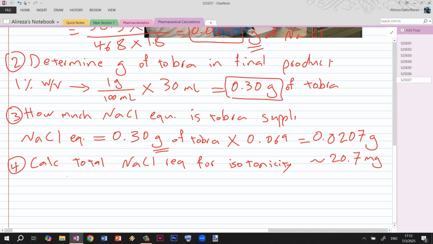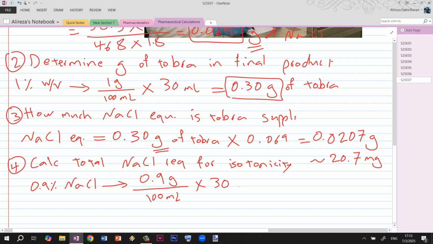Essentially for isotonicity, we're looking at 0.9% sodium chloride. So this concentration essentially means 0.9 gram of sodium chloride per 100 ml. And we're going to have 30 ml in the final product.